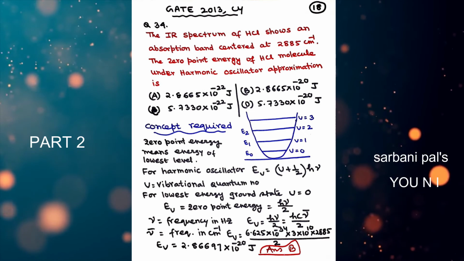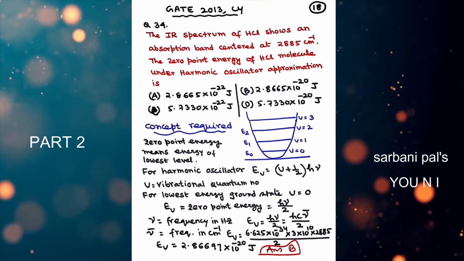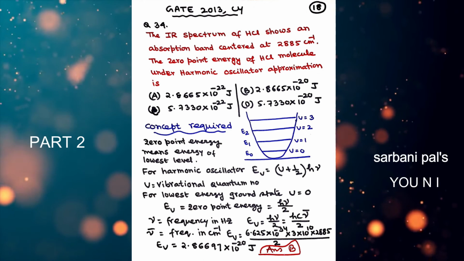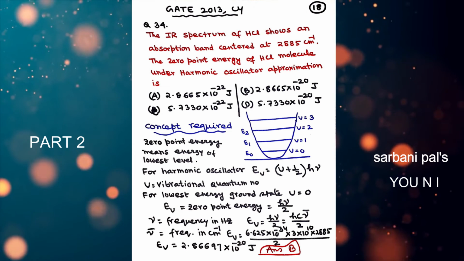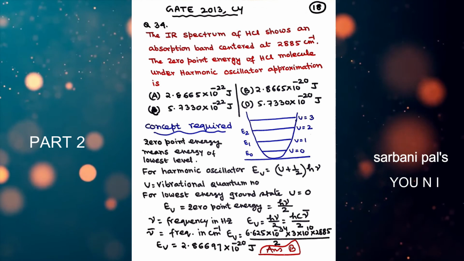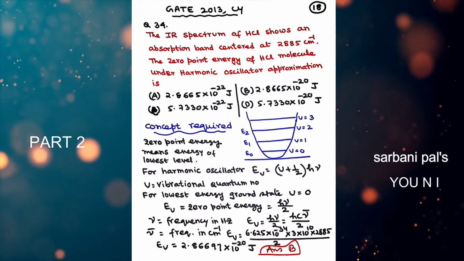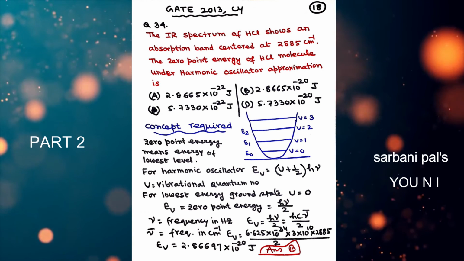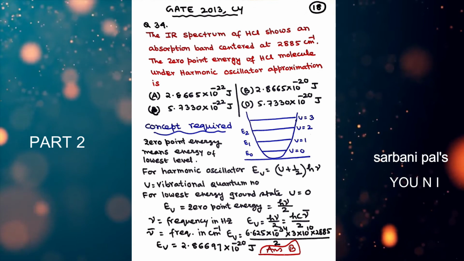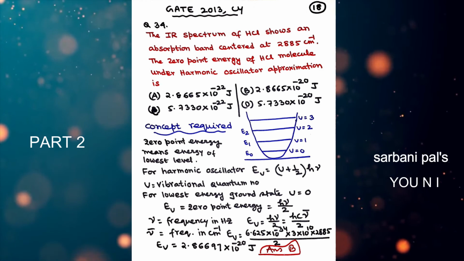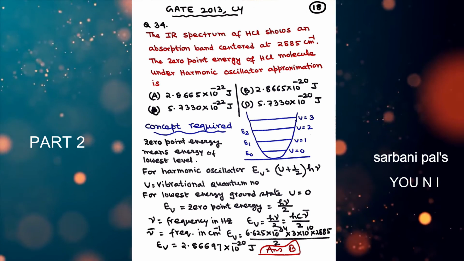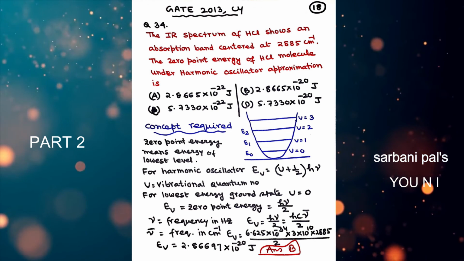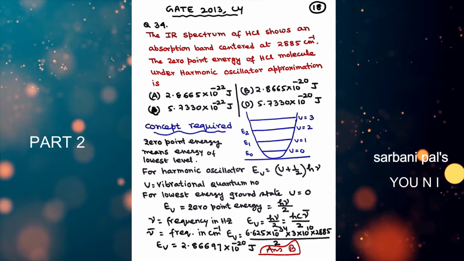Let us discuss another problem, question number 34 of GATE 2013. In this problem it was asked: the IR spectrum of HCl shows an absorption band centered at 2885 centimeter inverse. The zero-point energy of the HCl molecule under the harmonic oscillator approximation is.